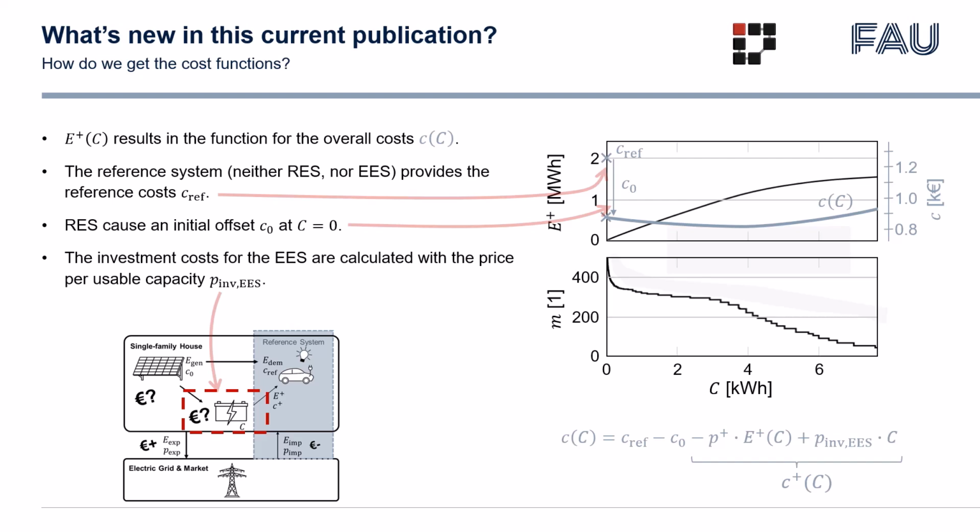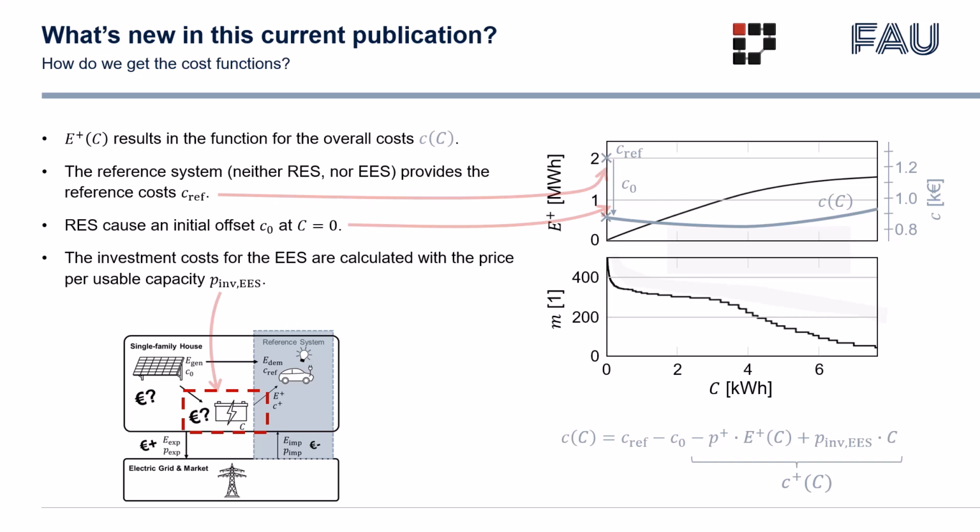All investment costs for the EES are calculated with the price per usable capacity, abbreviated here with lowercase p, inv for invest and EES for the EES. On the bottom right, you can see the overall function. So it has the initial offset CREF minus C0 and now a term depending on the capacity.